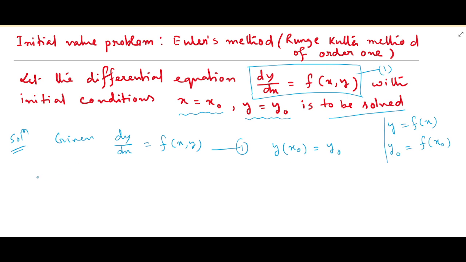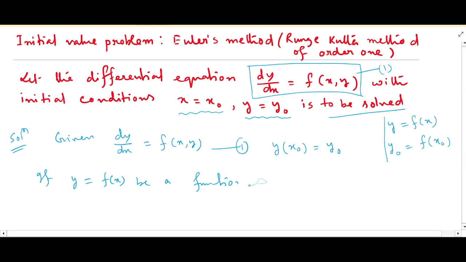So what are equidistant values? Let y equals f of x be a function. Then x naught, then x1 is x naught plus h.